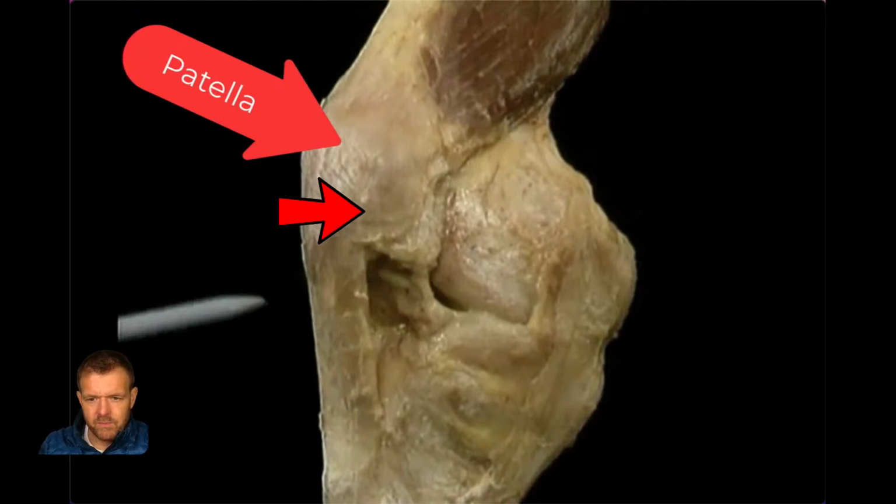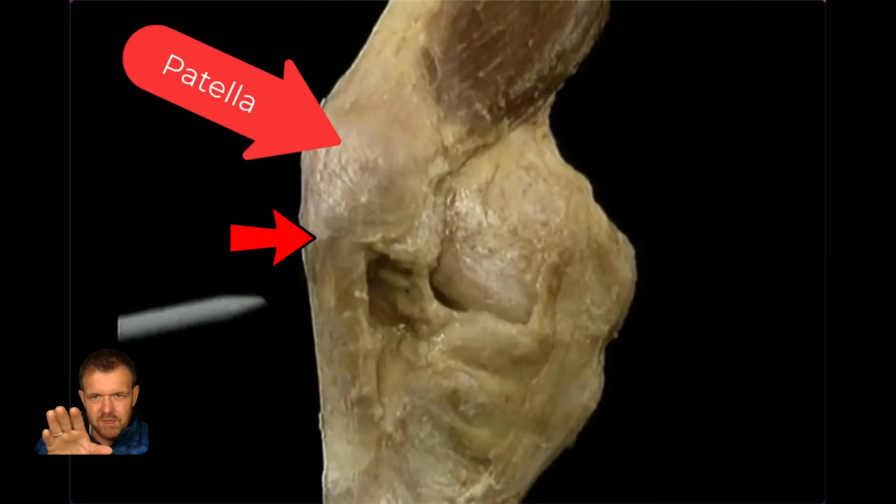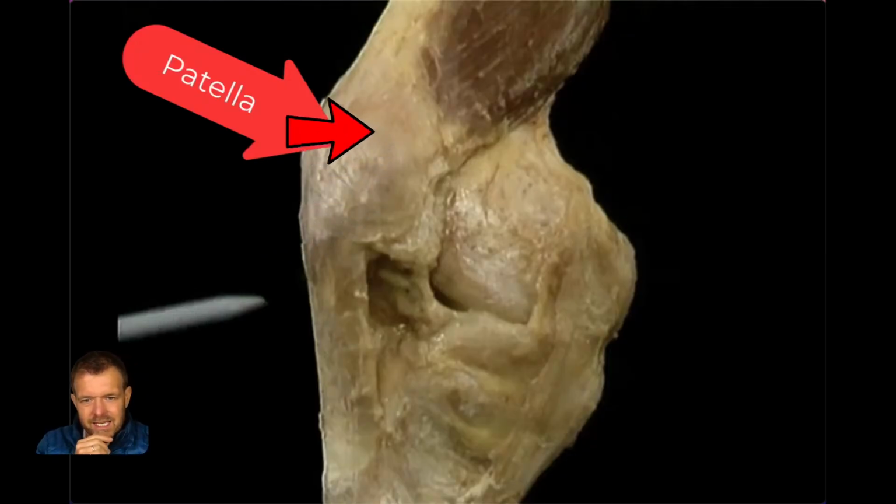In fact, that's a point to note. Quite often you'll see jumper's knee, patellar tendinopathy, and it's said to be around here, on the apex of the patella where the tendon attaches. Now the tendon goes around the whole patella and is a continuation of the quad tendon from the top.